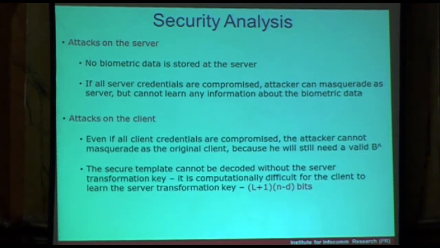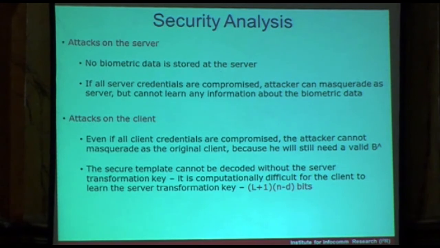On the other hand, if you look at the attacks on the client side, even if all the client credentials are compromised, he can still not masquerade as the original client because he still needs a valid or closely matching biometric query in order to do the authentication. And let's say the client wants to do some funny things.